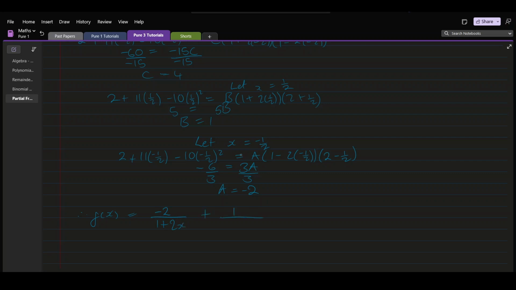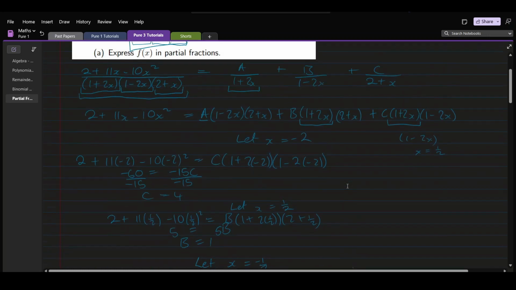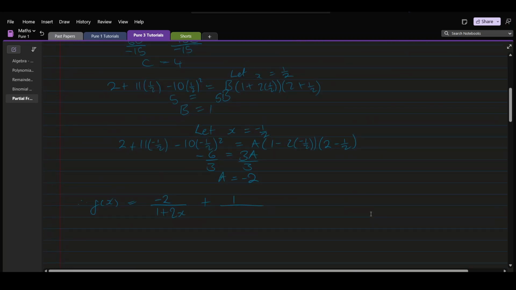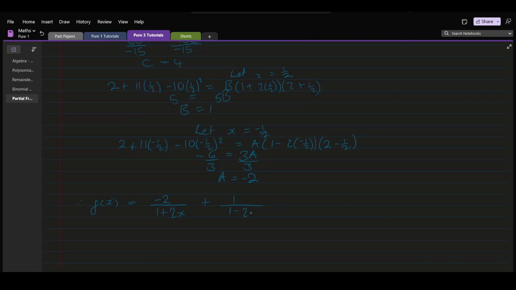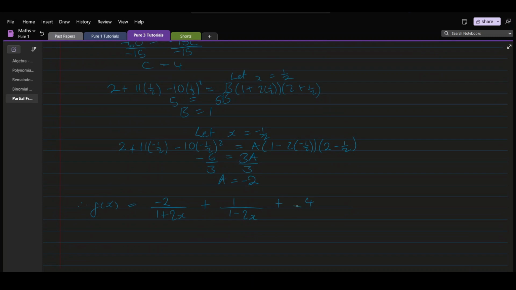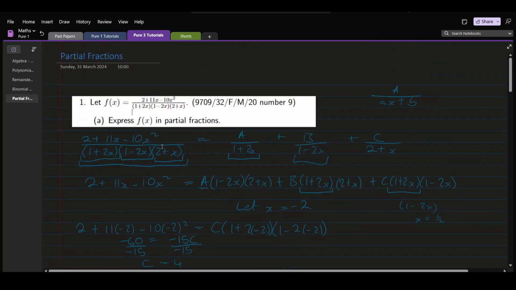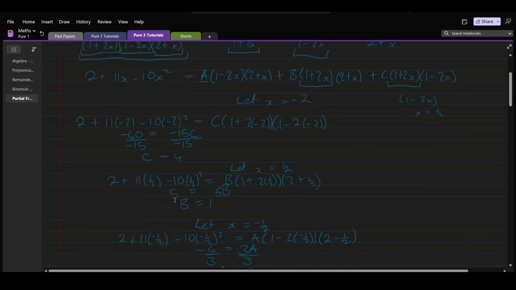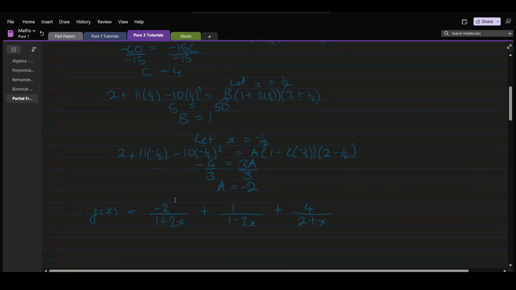B is 1 over 1 minus 2x, plus C is 4 over 2 plus x. So these would be the partial fractions. And what this means is that this fraction that we have over here can be decomposed into 3 partial fractions, which are the partial fractions that we have written down below. And that would be our final answer.